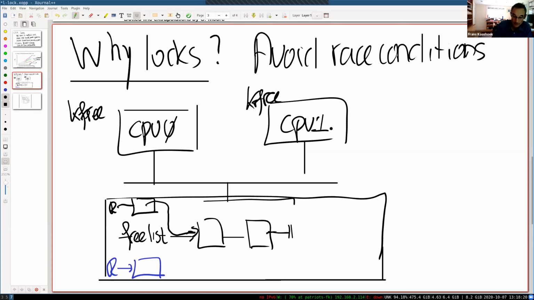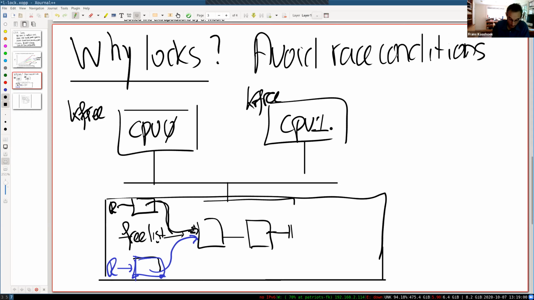If CPU 0 runs at exactly the same time, it could run before CPU 1 executes its second instruction, and so it might do the same thing: run that first instruction and update the pointer too. So now both R's, one from CPU 0 and one from CPU 1, are pointing to the beginning of the free list, and the free list is also pointing to the beginning of the free list.